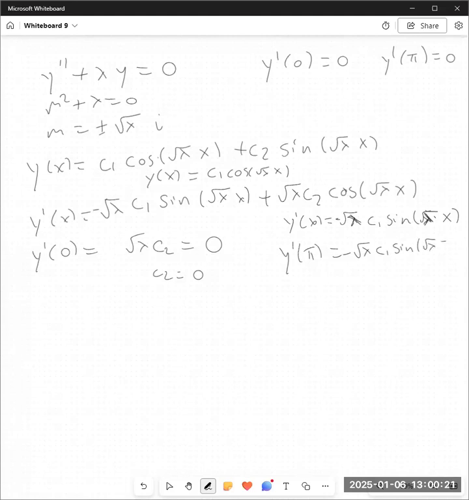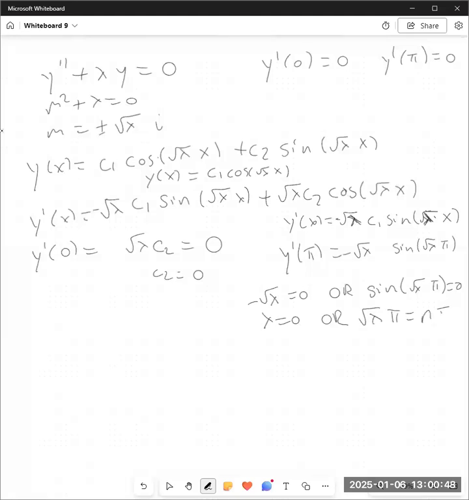Okay, so now second condition here, y'(pi) is equal to negative root lambda c1 sine of root lambda pi. Again, we're going to let c1 be 1, so I don't really need to worry about that, but I can say negative root lambda is equal to 0, or sine of root lambda pi equals 0, so lambda equals 0, or root lambda pi is equal to n pi, which are the zeros of sine.